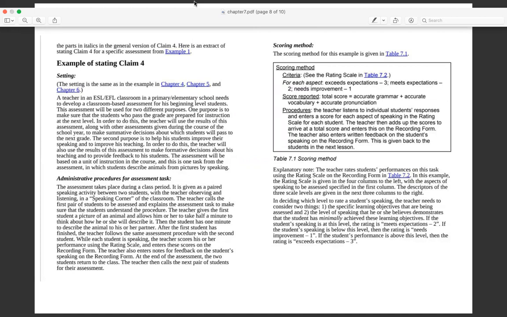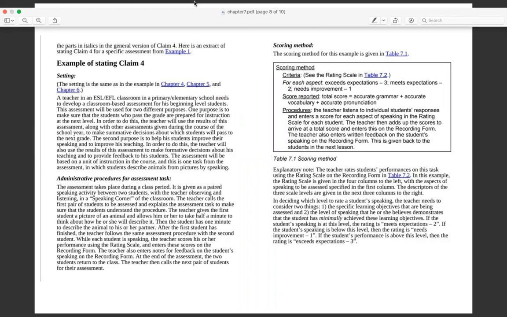For example, in the last 3 lines, the teacher enters notes for students, for feedback the next day on the recording form. At the end of the assessment, the 2 students return to the class, and then the teacher calls the next pair of students for their assessment.